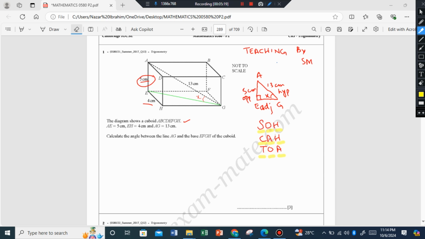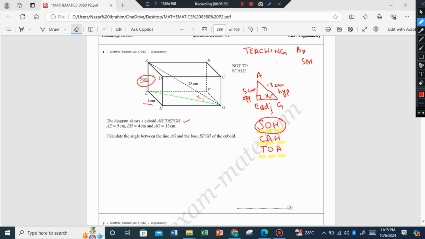These are three trigonometric ratios, and we have to decide which one is applicable, noticing the sides which are known to you. So over here I have two sides, hypotenuse and opposite. It means that I will apply sine.